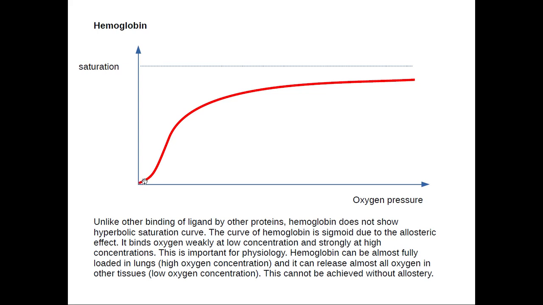And if you increase oxygen concentration, usually oxygen, or in general gases which can be dissolved in water, you can express their concentration as a partial pressure. It's also used in medicine that some concentration of oxygen or carbon dioxide in blood could be expressed in pressure units.